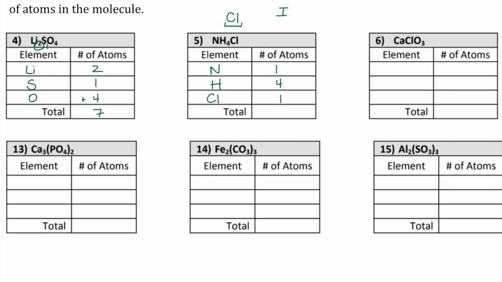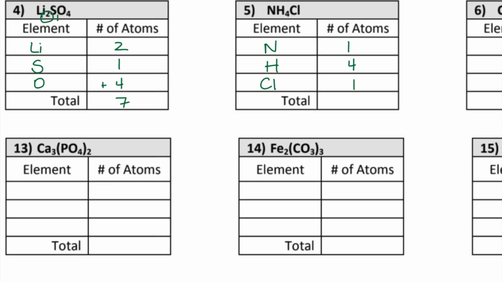Looking at number 13, now we have parentheses, but we can still look at our different elements. I have calcium with that capital C, lowercase a, phosphorus, and oxygen. We have 3 calciums in this molecule, but anytime we have parentheses, that subscript is going to distribute to both of those pieces inside.